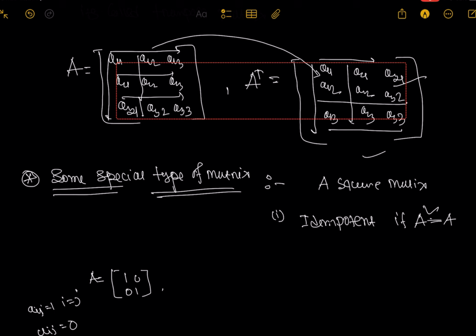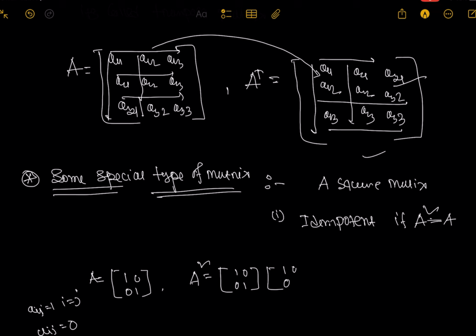For this matrix, what is the square? This is matrix multiplication, 1 0 0 1 and also 1 0 0 1. We see that this row with this column is 1 plus 0. Second row with second column, this is 0 plus 0.